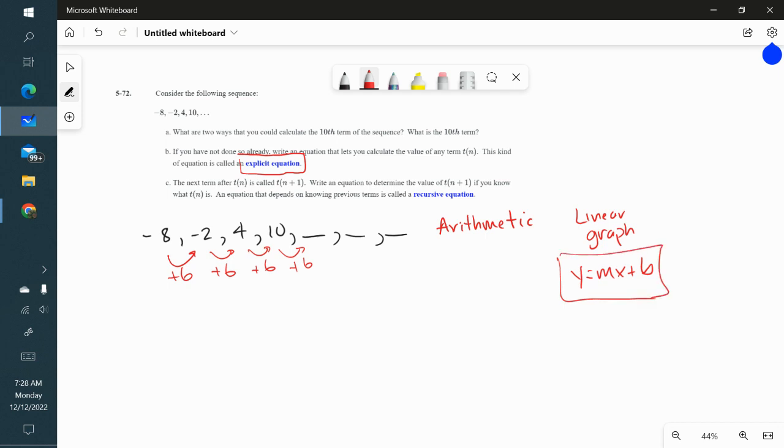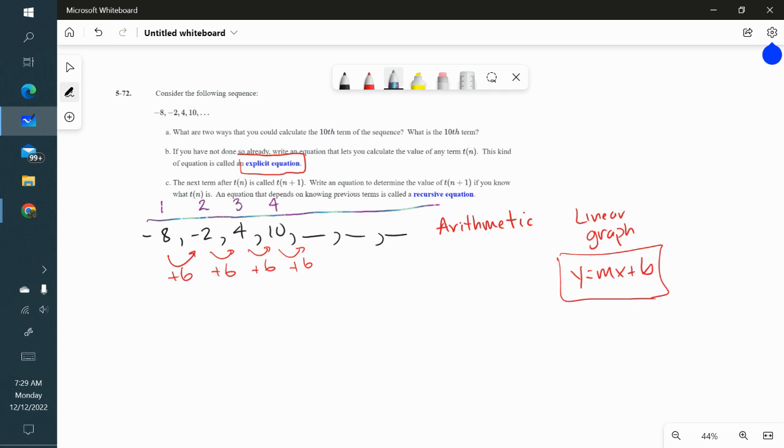This type of rule would allow me to take the term number and use that to generate the term directly. You've got to visualize this sequence almost like a table. This is term 1, this is term 2, this is term 3, this is term 4. -8 is term 1, -2 is term 2, 4 is term 3, and so on.